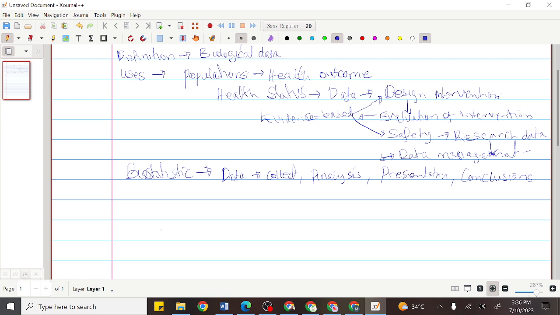So this basically is what we are going to look at throughout the whole module. We're going to look at what data is, the types of data, how we collect data, what techniques we can use in analysis of data, and what are the things that we really need to know when presenting data.